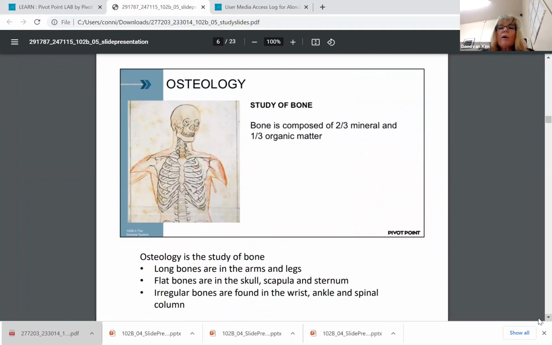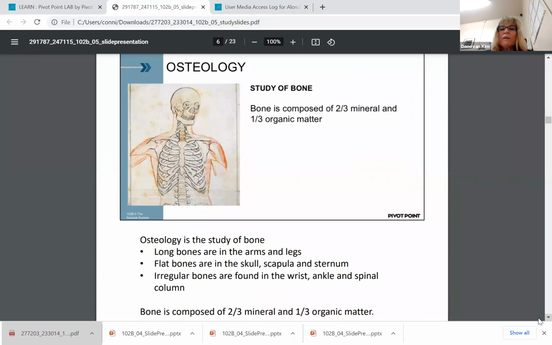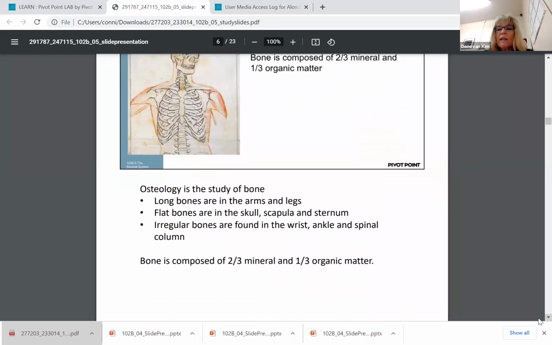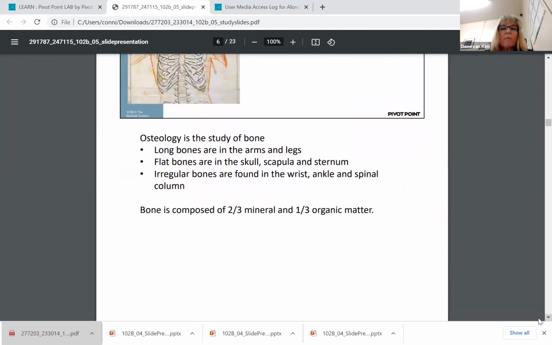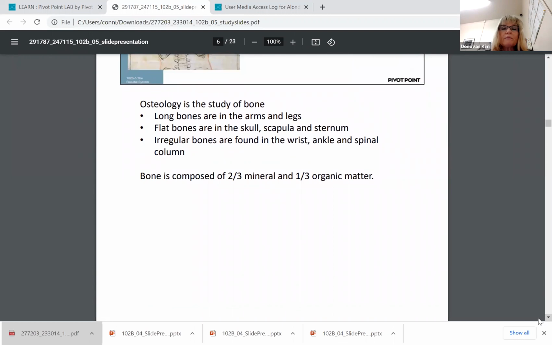Bone is composed of 2/3 mineral and 1/3 organic. So what that means is the organic portion is going to be like your bone marrow. Your bone itself is just all minerals, part of it. That's why when they find bones, they can date that back because of the mineral portion for so many years. So you have 3 types of bones in your body.